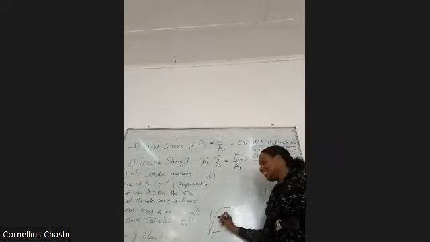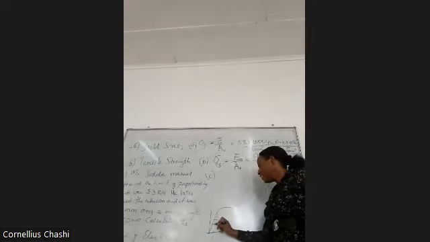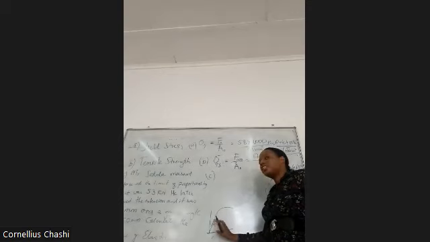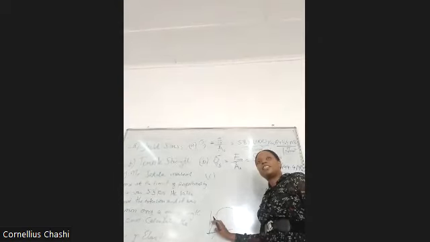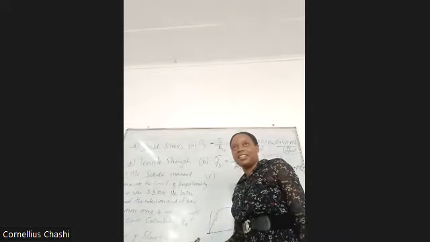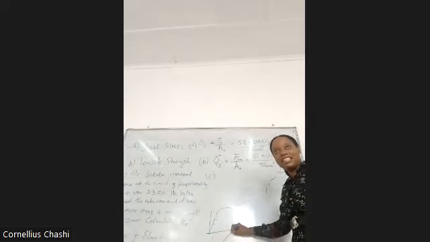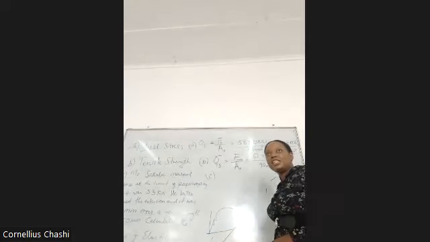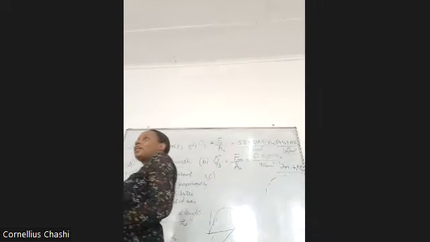Where there's a straight line. In short, the elastic region. Linearity, proportionality is found where we have the straight line, that is the elastic region.